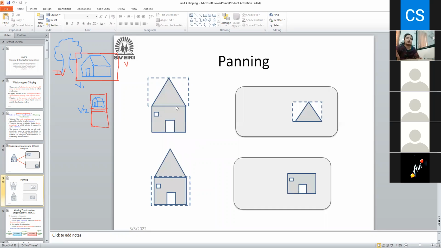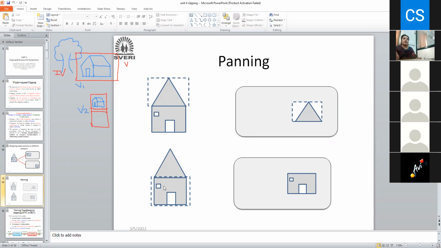So here the roof is shown in one viewport and the bottom part is shown in the other viewport. So due to panning, we are actually dividing the window and separating the views on the viewport. So this whole window is divided into two parts.